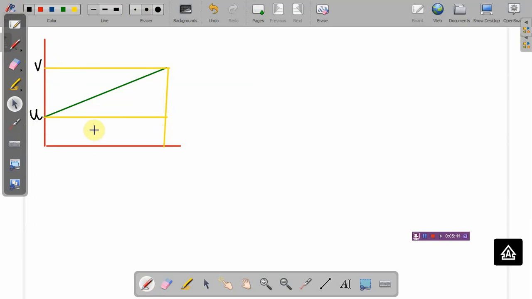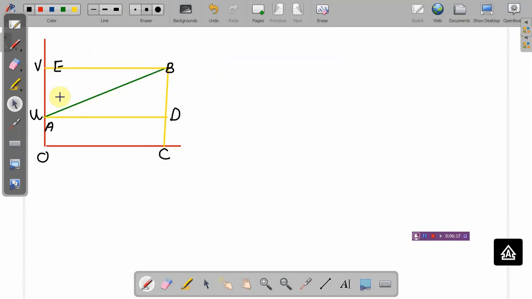Now, this is my origin. I'm giving the names. This point is A. This is B. This is C. And this is D. This is E. Right? Now, this is my graph, the one which is represented by a green line, which shows the change in velocity.